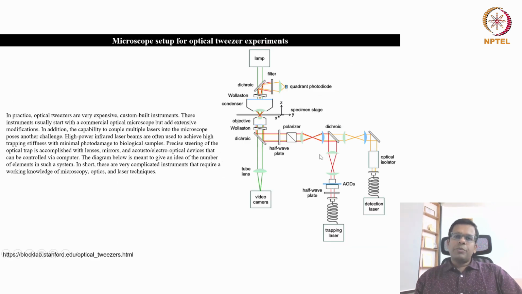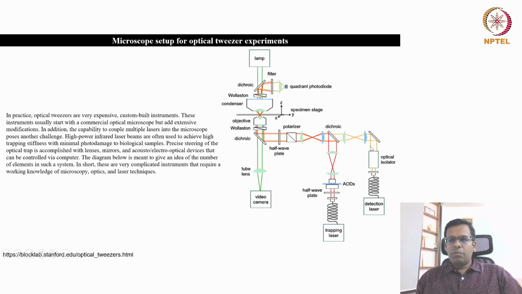So here is the microscope setup for doing this kind of optical tweezer based experiment. You can see there are two laser lights. One is the trapping laser, that is the infrared laser, and the other one is a detection laser. The detection laser can be regular, just like the way you use in a fluorescence microscope. You can either have fluorescent beads, or you can even see the beads under bright field imaging as well.